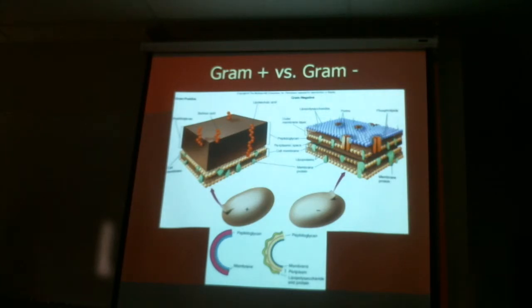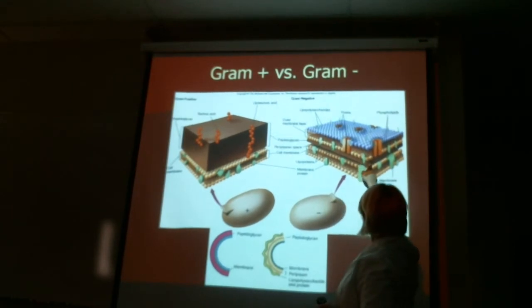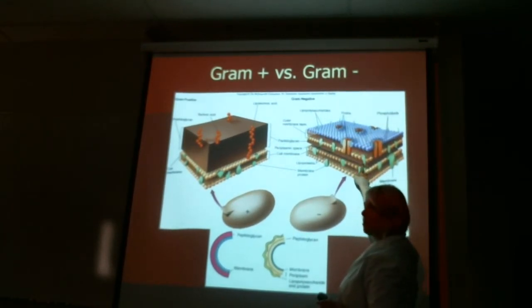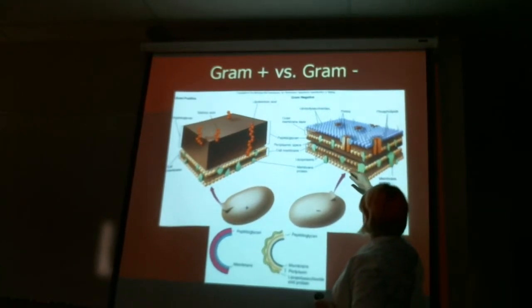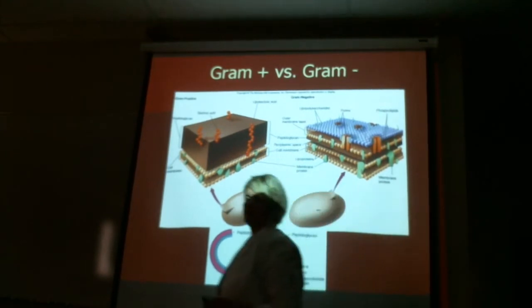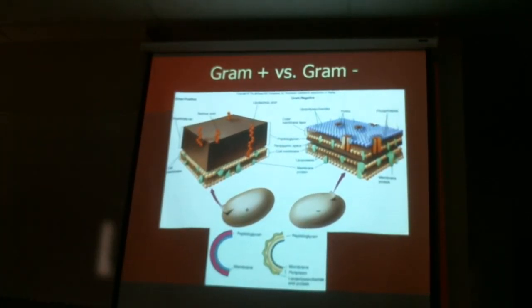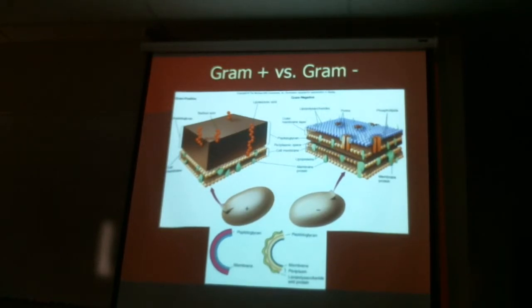Gram negatives: outermost layer, the outer membrane. This layer right here is the cell wall where it says peptidoglycan. And then the most inward layer is the cell membrane. So that cell wall is sandwiched between two phospholipid bilayers.